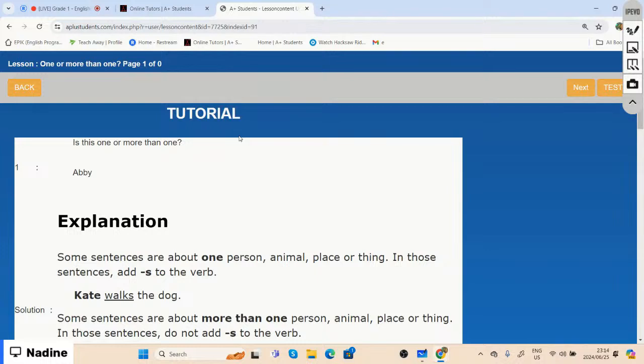So if one person, one animal, one place, or one thing does any one of those actions that you just wrote, then we add an S to all of those verbs. But if all of you are doing an action together, then we say all of you walk, you talk, you make, run, jump, without the S at the end. So you're not going to add an S at the end of that verb.